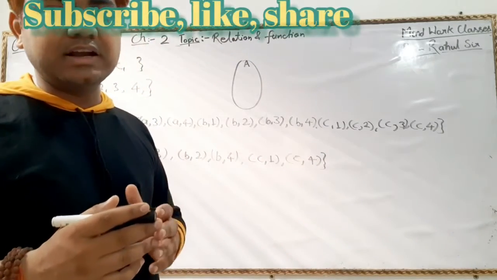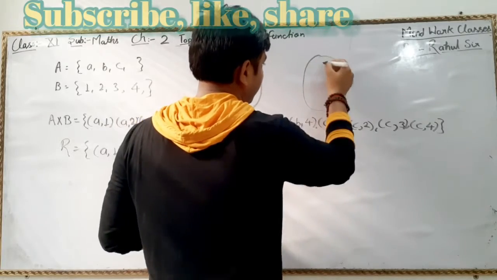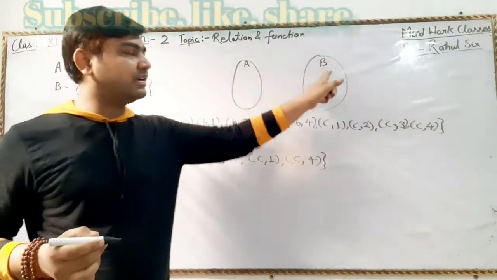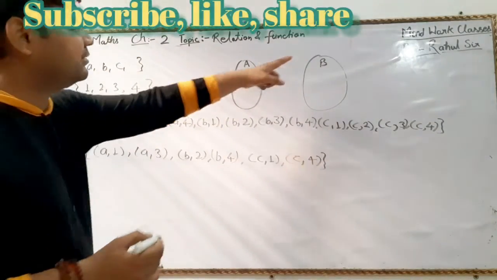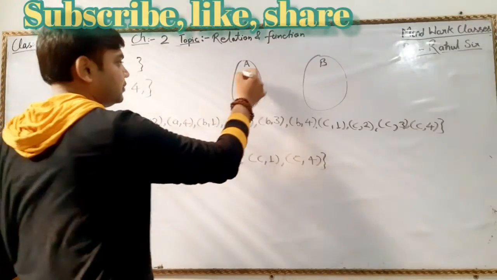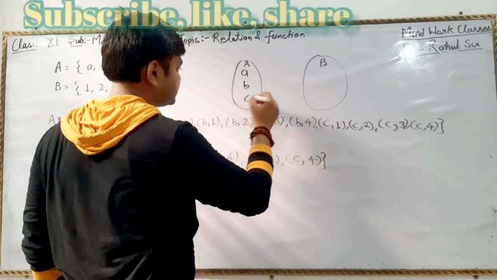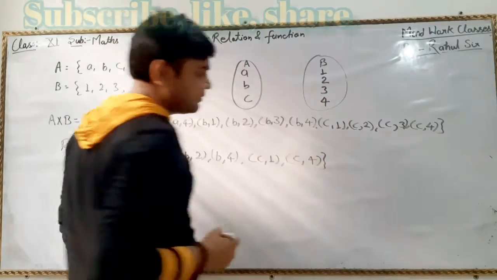Okay, we are going to understand the relation between two sets. So this is set A and this is set B. So definitely there will be the elements of set A and the elements of set B: A, B, C, 1, 2, 3 and 4.